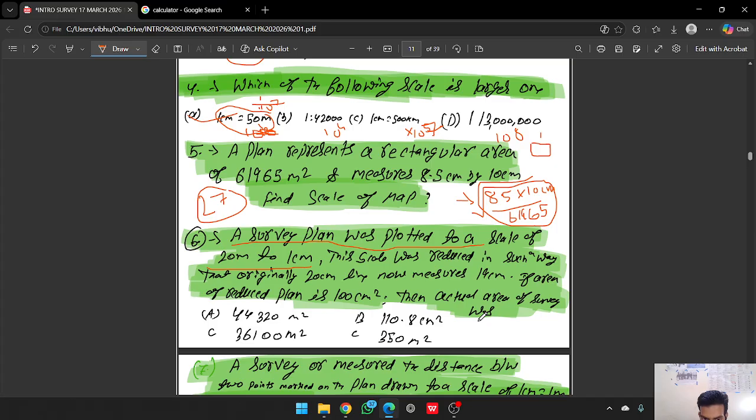Wrong RF is 19 upon 20, divided by what?